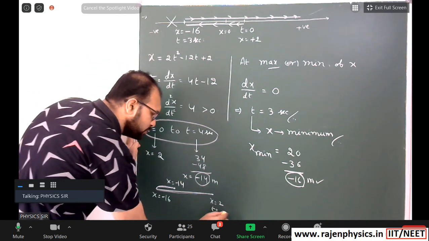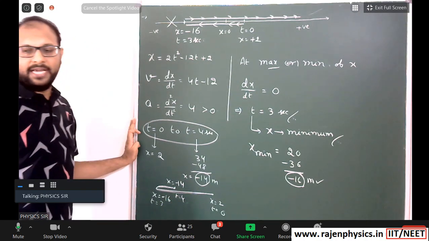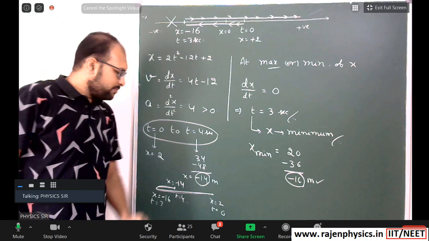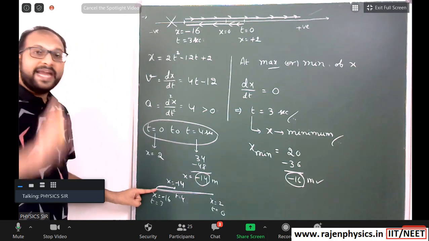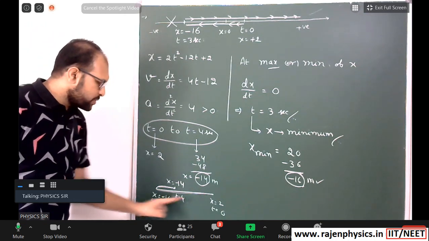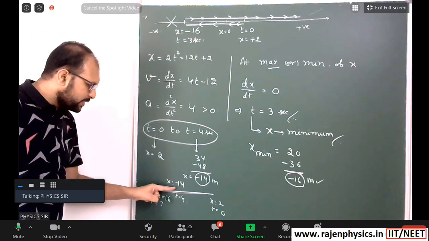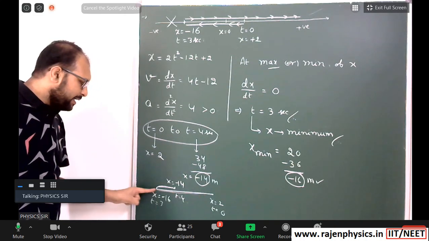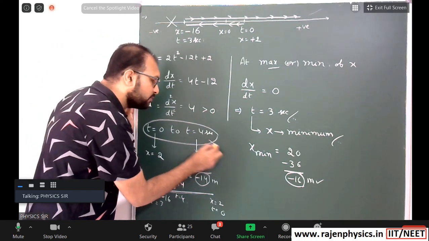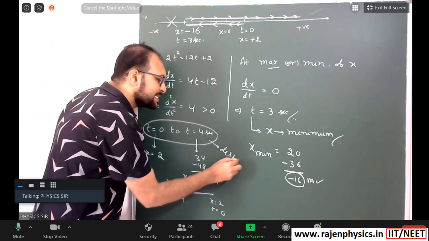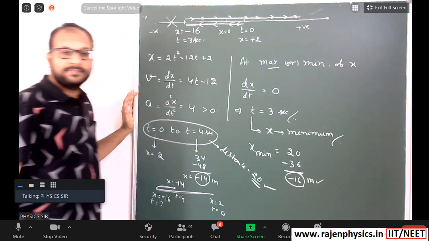It is t equal to 0, then t equal to 3, but the final location is at t equal to 4. Here to here, total how much? 18 meters. This is plus 2, this is minus 16, total 18. Then from minus 16 to minus 14 is 2. 18 plus 2 is 20. So from t equal to 0 to t equal to 4 seconds, the distance, the length of the path, is 20 meters.